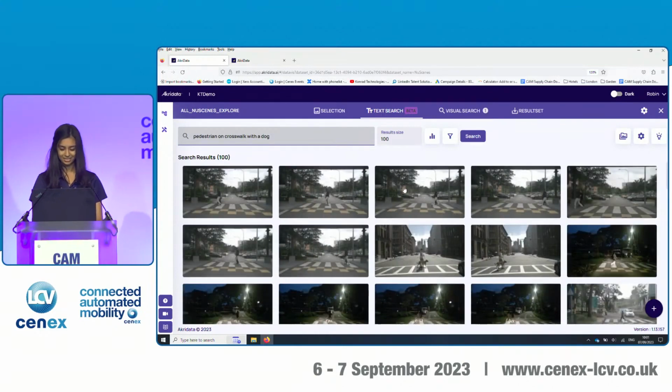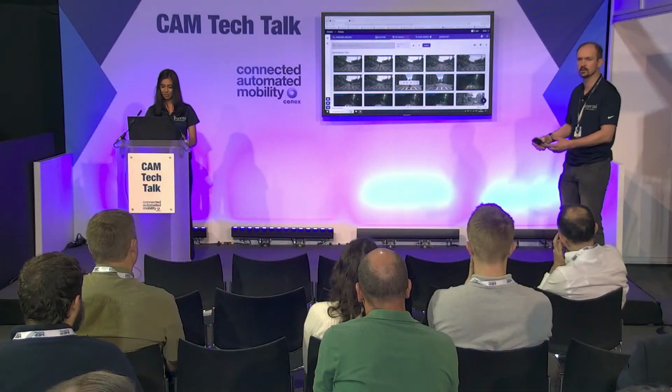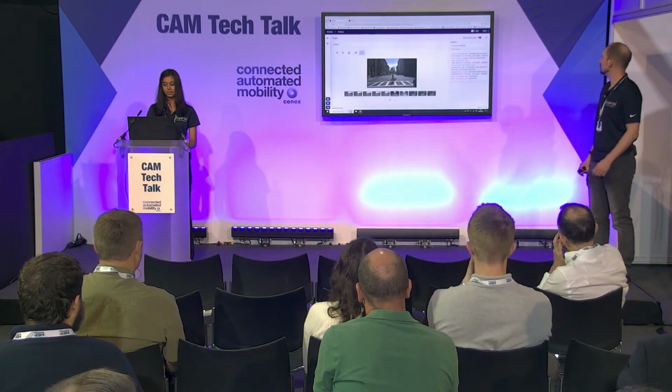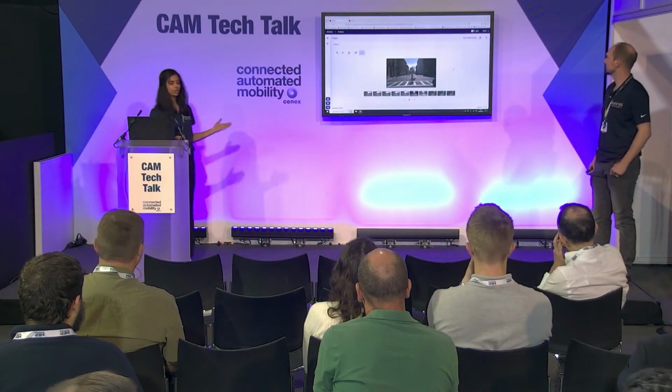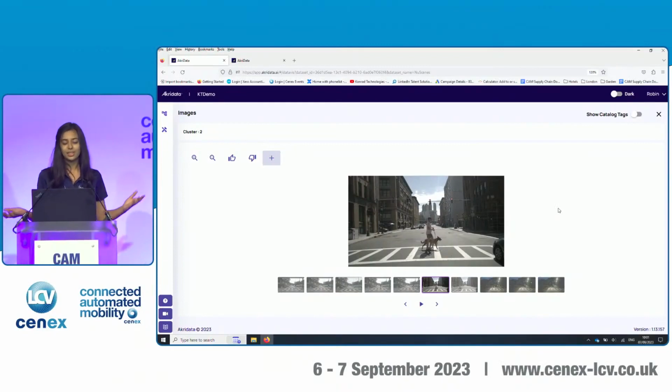Yes. In a conference, someone challenged us to try this, so we try things. So as you can see, the system has been able to find pedestrian on a crosswalk with a dog, which is, if you think about it, really quite fantastic because it's very, very specific, especially if you have no labeling of the objects in this image.